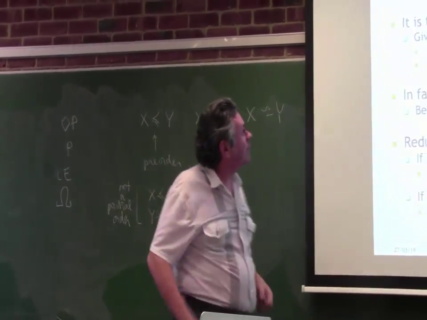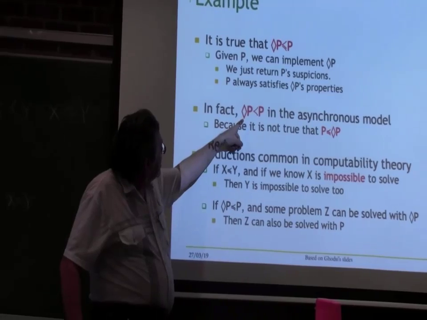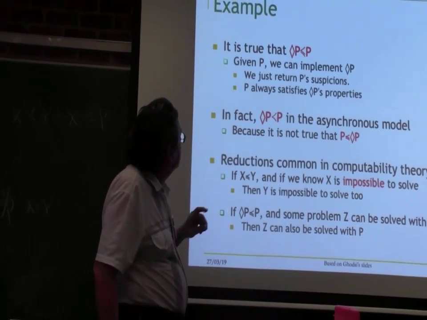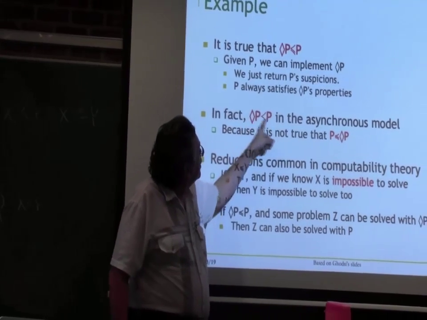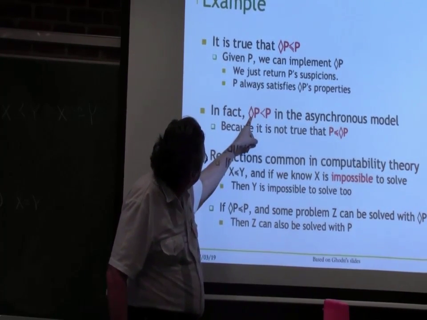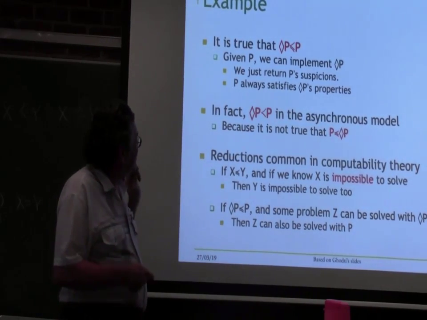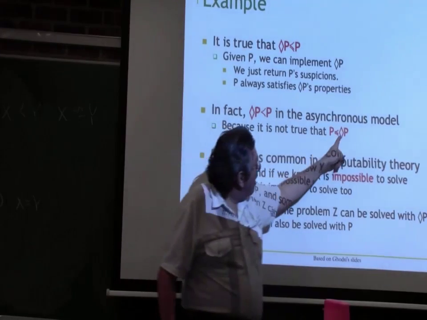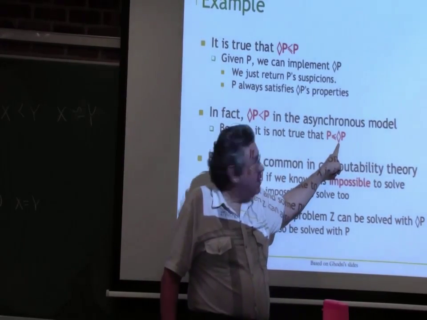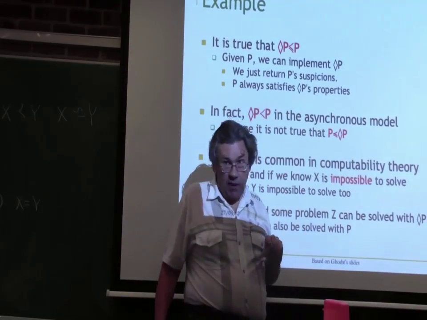But that's okay. We already saw also that eventually P is strictly weaker than P. They're not equivalent, actually. You can implement eventually P with P, but you can't do the opposite. In the asynchronous model, if I have eventually P, it's allowed to make mistakes. P doesn't make mistakes.